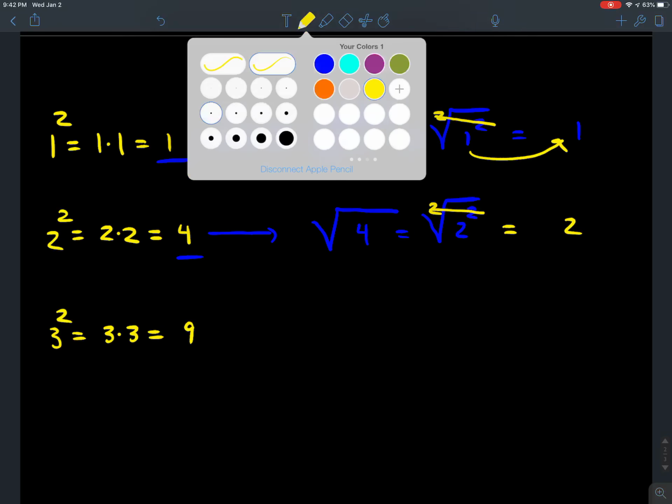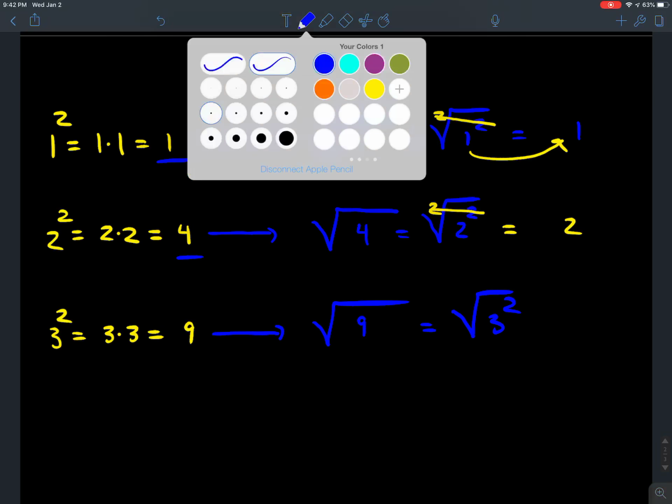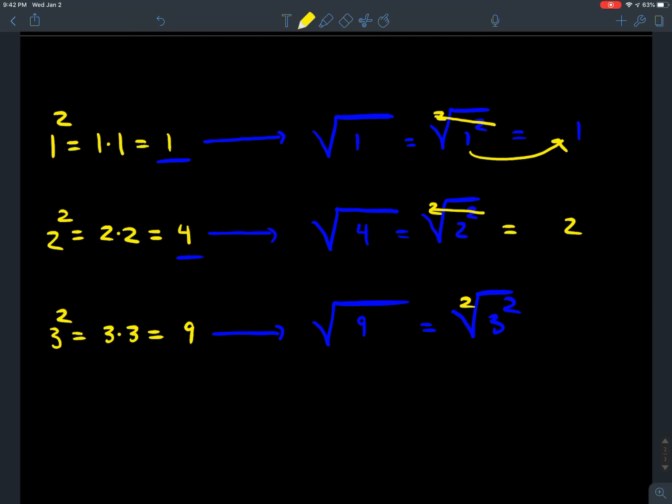Right? Let's do the next one. This is the concept. We take this 9. We put it in here, which equals 3 squared. We know there's an invisible 2. These cancel out, and that equals 3.